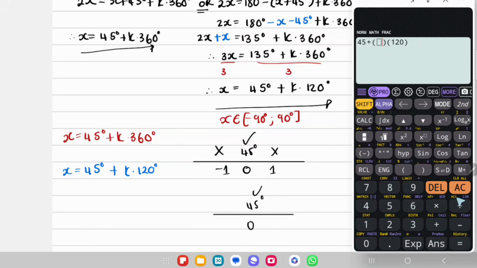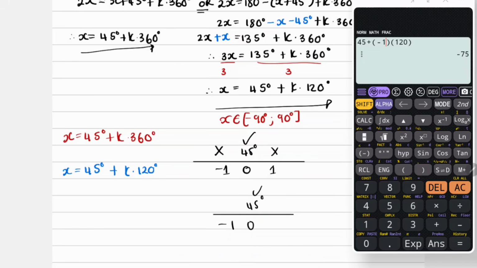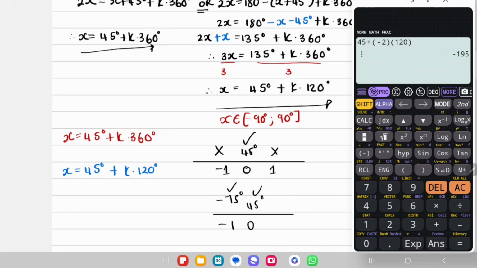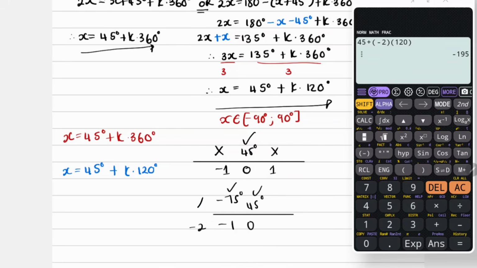Then let's try negative 1. If you say minus 1, you get negative 75 degrees. Does that fall within the domain that they gave you? Yes, it does. It is greater than negative 90 but less than 90. So negative 1 works. Negative 75 degrees is a solution. Of course, if you try negative 2, it's not going to work. It's too far. You see, negative 195, negative 2 does not work.